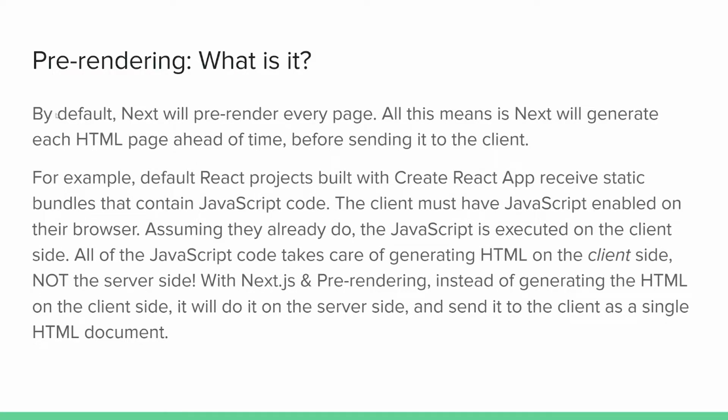So by default, Next itself will pre-render every single page, okay? And all this means is that Next will just generate each HTML page ahead of time before sending it back to the client. So whenever the user makes a request to a page, Next will actually generate that HTML page upon the request ahead of time.